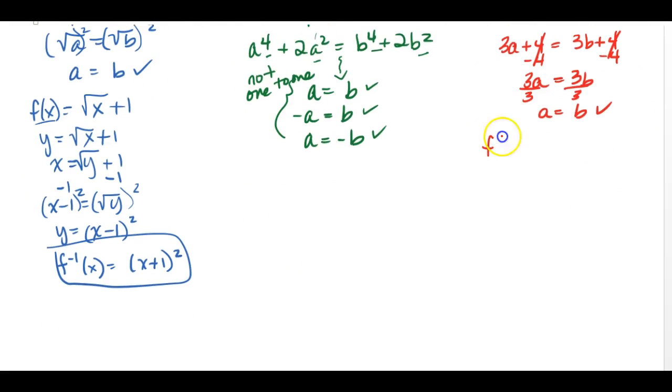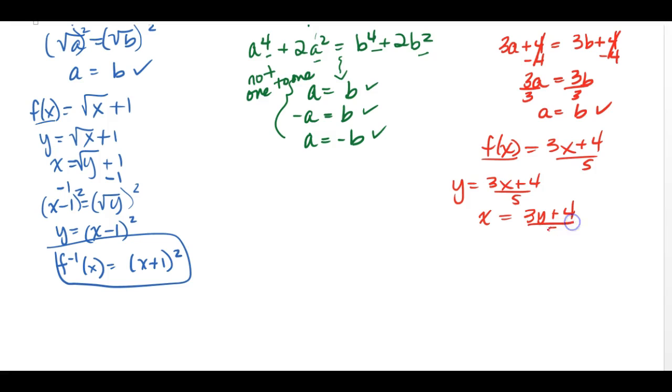So remember the original, (3x plus 4) over 5. Again, we rewrite this as y equals (3x plus 4) over 5. And then we swap our x and y. So now I have x equals (3y plus 4) over 5. And my goal is to solve for y. So I'm going to start by multiplying both sides by 5 over 1.